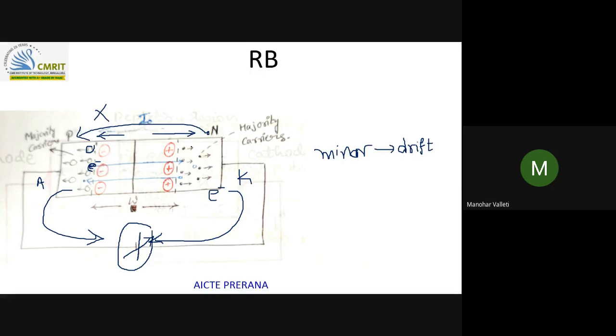In the same way, the minority carriers in the n-type, the holes, will also move towards this side. So the minority carrier current IP will be in this direction, and this is IP minority. The same way, electrons move from here to here, so IN minority.